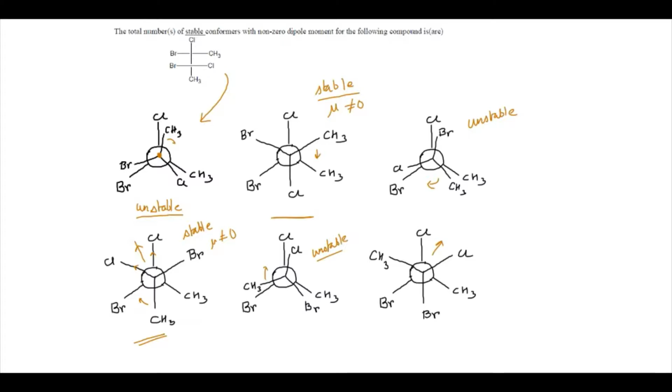As a result, we can say mu is not equal to 0 here, and it is also stable because it is not eclipsed. So conformers 1, 2 and 3 will be stable with non-zero dipole moment.